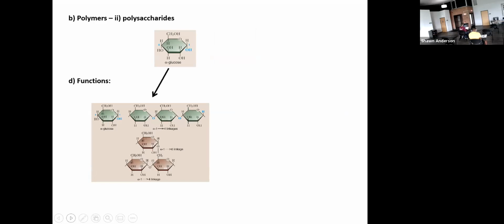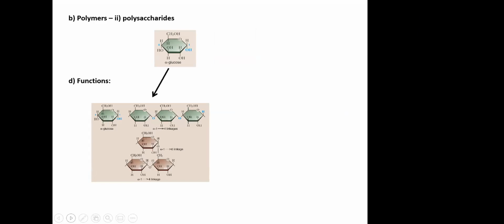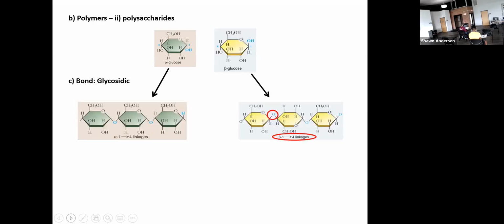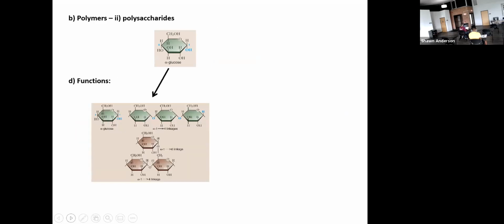Okay. Now, the function, so that's structure. The bond is glycosidic. The functions of these polysaccharides is determined by their structure-function relationship.